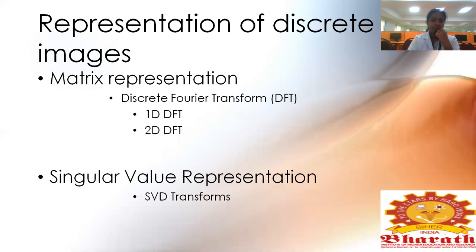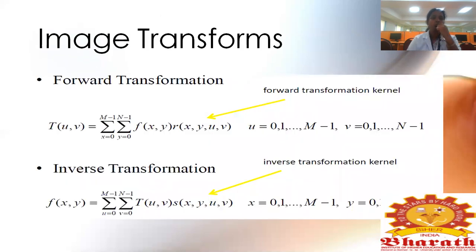Now we will check what an image transform is and how it is carried out. Before that, we'll just see how the transformation takes place. As I told you already, a transform is nothing but converting an image from one form to the other form. Usually I represent an image using f of x comma y.